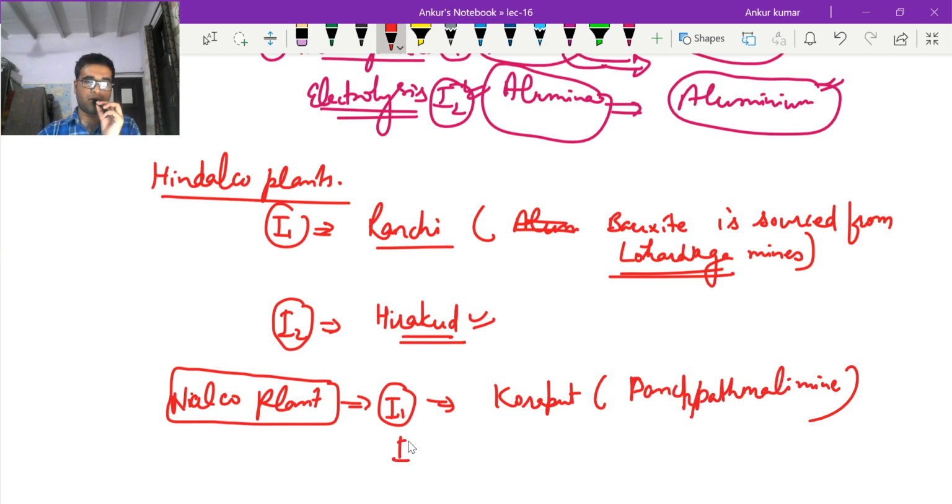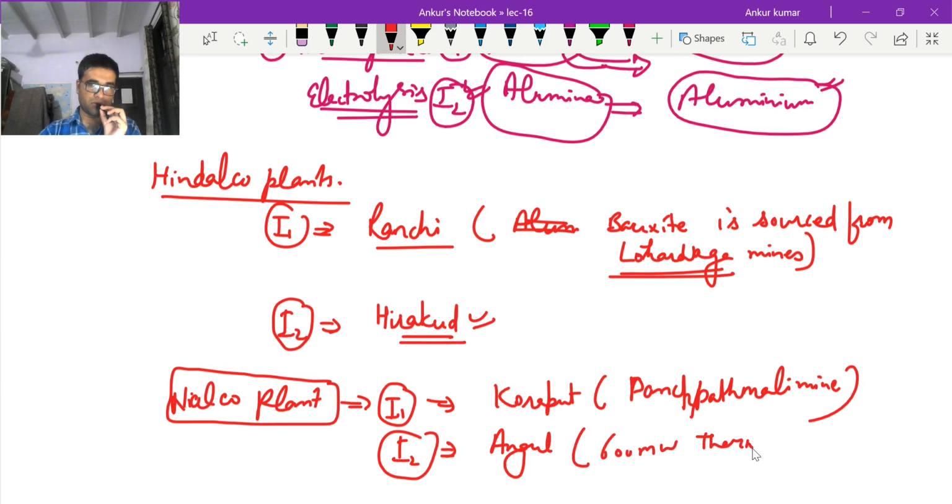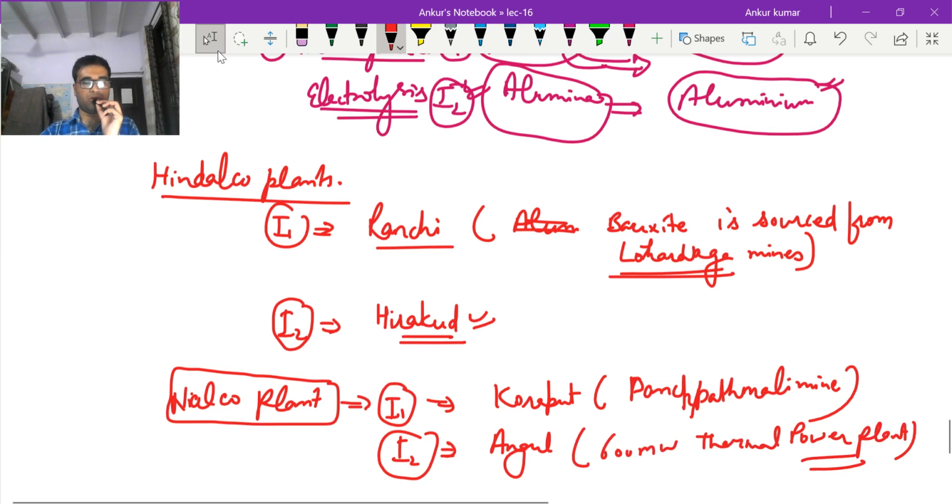Okay, this is I1. After that Hall process, we move on to the electrolysis. The electrolysis happens near Angul. Okay, here near Mahanadi Delta, we have the 600 megawatt thermal power plant. From here, the electricity is taken. So this is the Nalco plant.